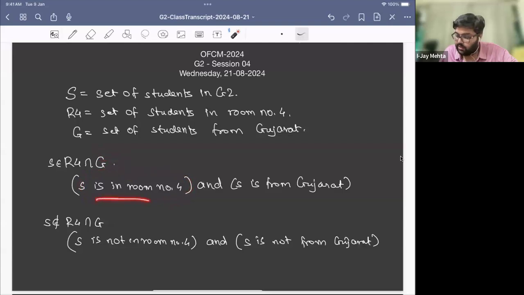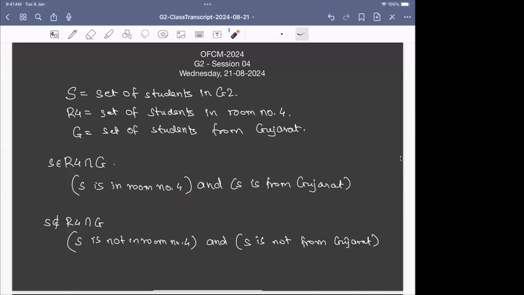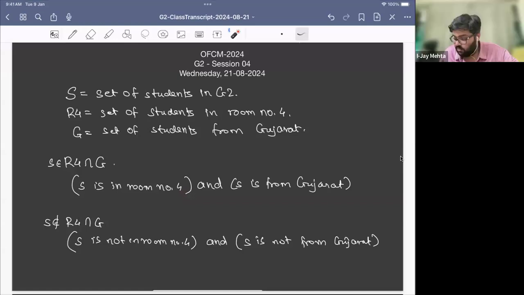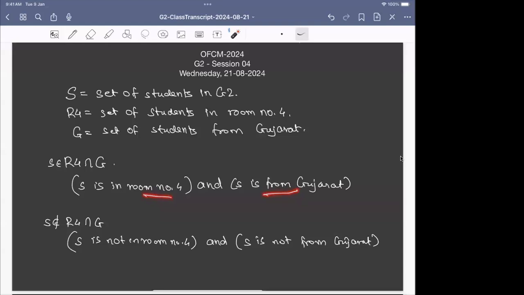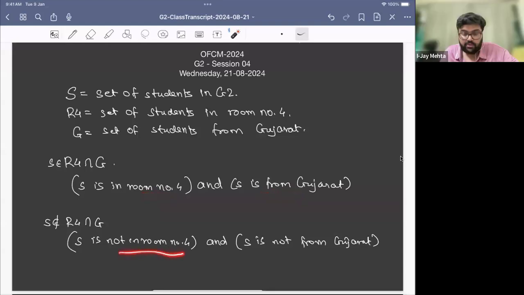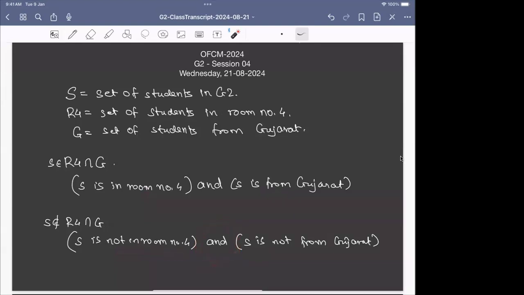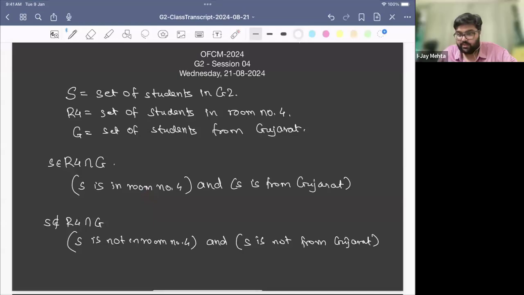If I know only this information. No, sir. She should also be from Gujarat. Both conditions are satisfied, right? Yes, sir. So not in room number 4, either not in room number 4. What will come here? Or, sir. Yes. Do you realize it now? Yes. Okay, good. So we have changed it to or.